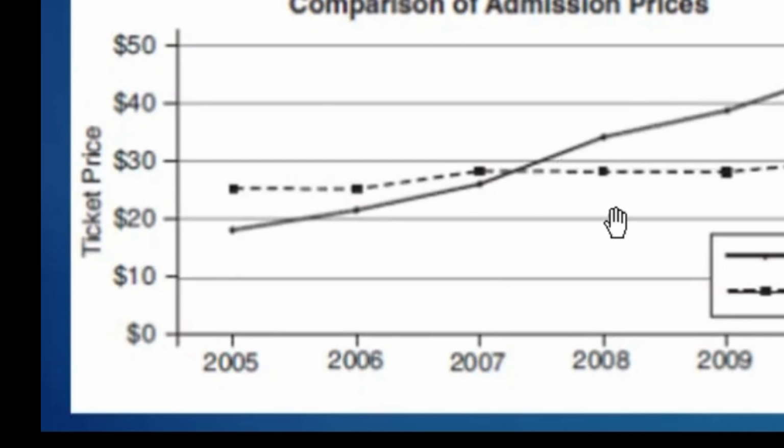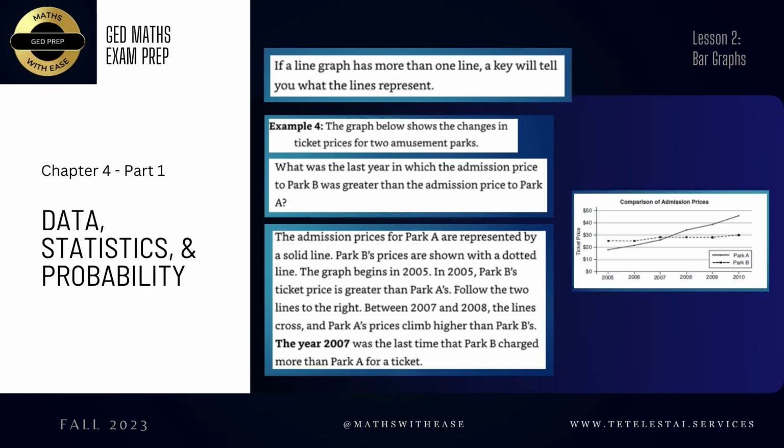So with these kinds of graphs, it's really just a matter of using your judgment or your intuition and just asking yourself, okay, which graph is higher? Starting in 2005, it looks like Park B, right? Because it's right above Park A. And then around this point, they both meet, and then there's a change. We see that Park B is now lower and Park A is higher. And so that gives us a clue as to how we can answer our question.